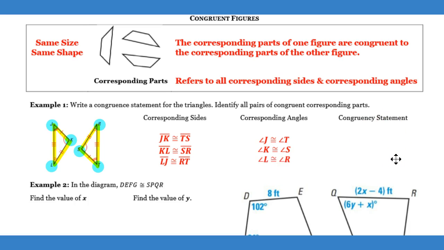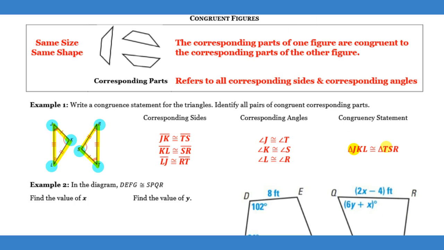So now I want to write a congruency statement. When you write your congruency statement, the angles must be in the same position in the statement to represent that they are corresponding and congruent. So notice in my congruency statement here, angle J and angle T, which are congruent angles, are in the same position in the congruency statement.